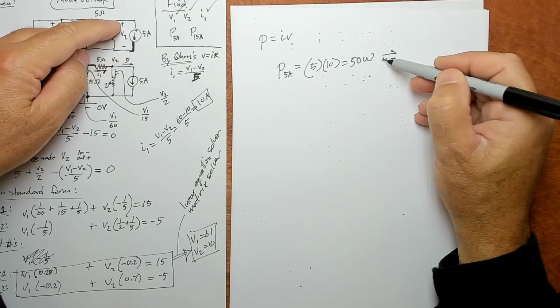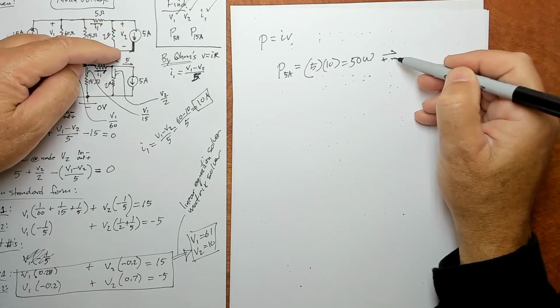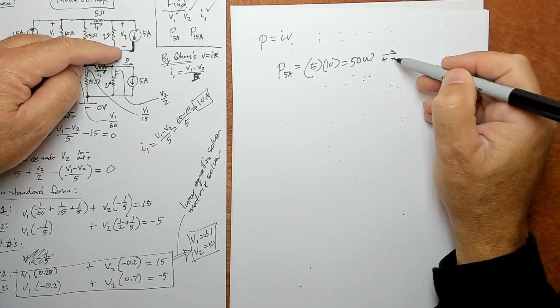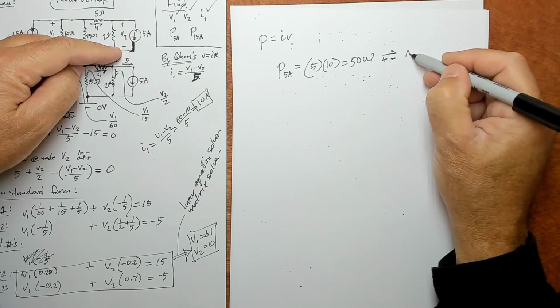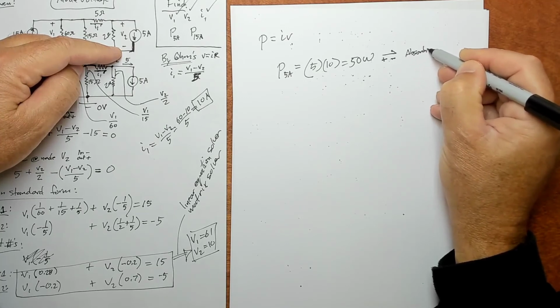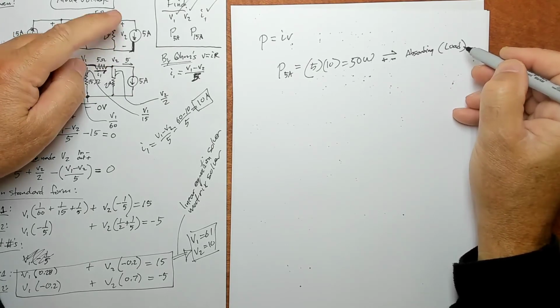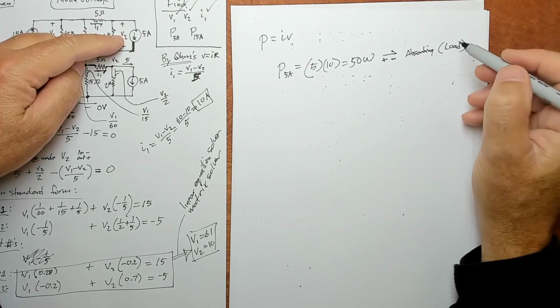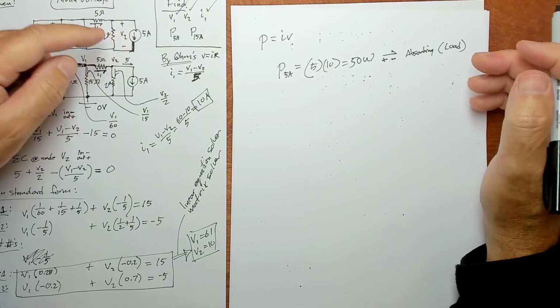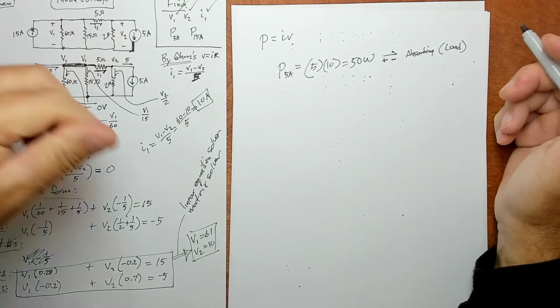This 5 amps is going in at the positive terminal, a high energy state, and coming out at a lower energy state. So it's a load, absorbing power. It's a current device, but it pulls power out of the circuit.